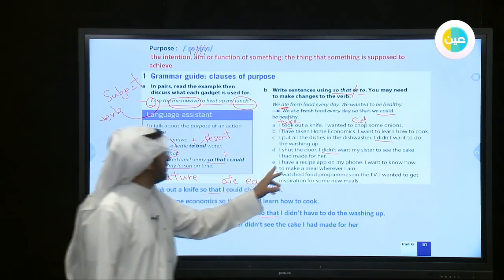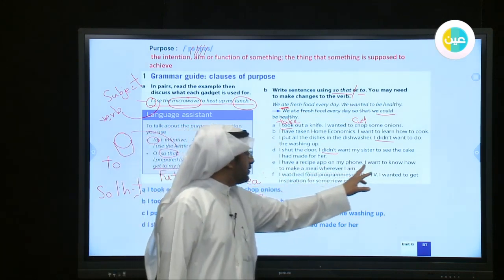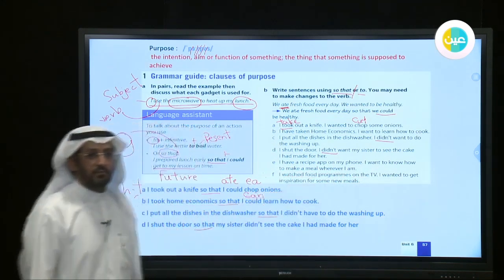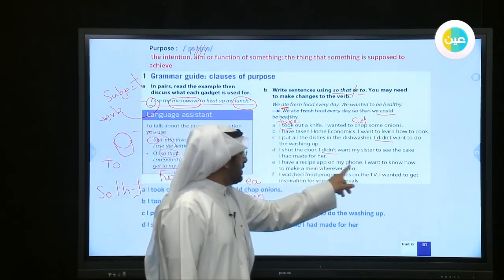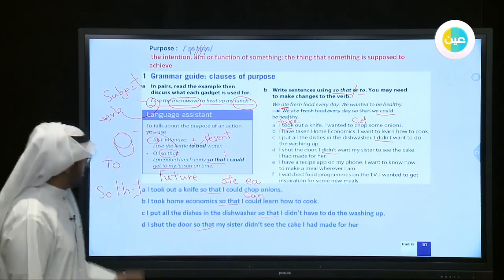Number 5. E. I have a recipe app on my phone. I want to know how to make a meal wherever I am.